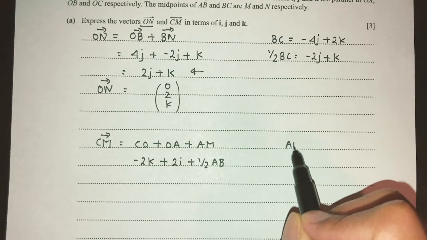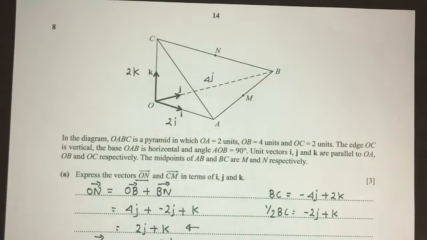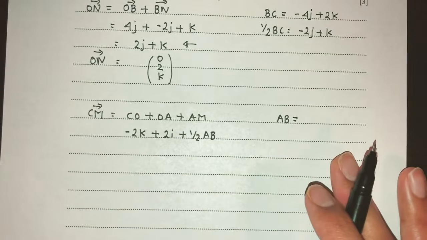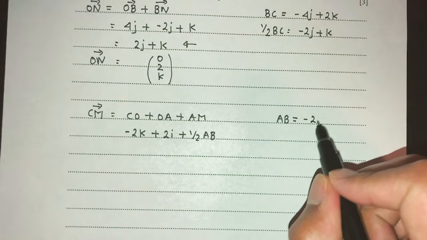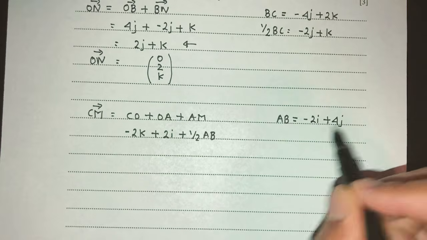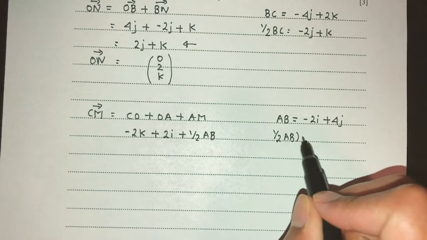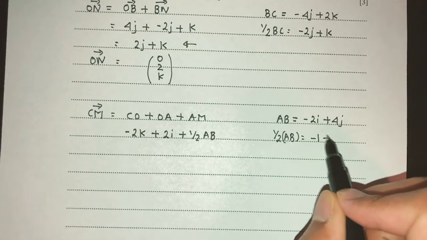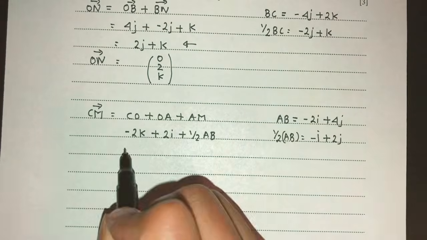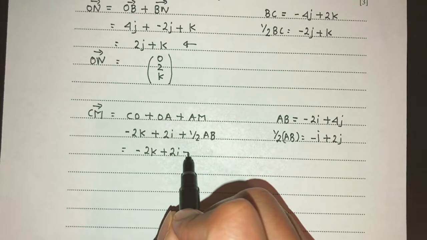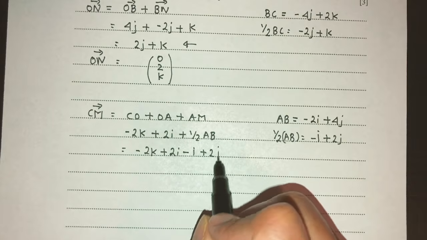Now what is AB? AB is AO plus OB. So AO is minus 2i plus 4j. Now half of AB will be minus i plus 2j. Replace back, you will have minus 2k plus 2i minus i plus 2j.